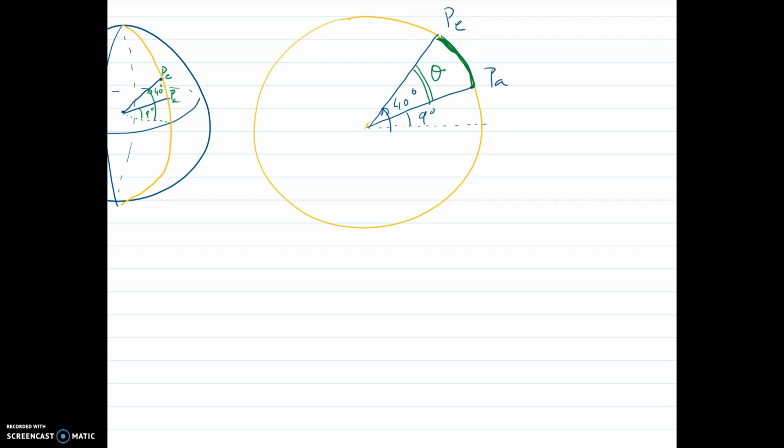All right, S is supposed to be equal to R multiplied by theta. Question is, what is R and what is theta? Well, theta is going to be 40 minus 9, which is 31 degrees.